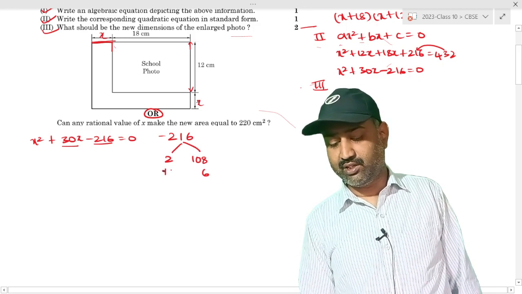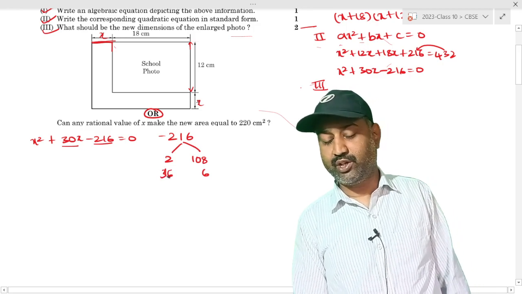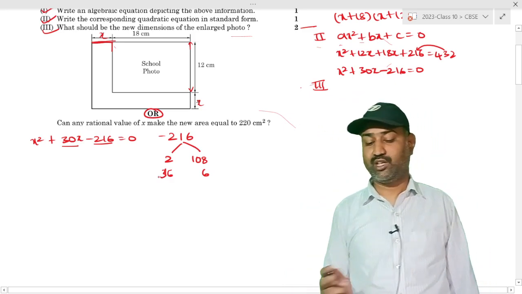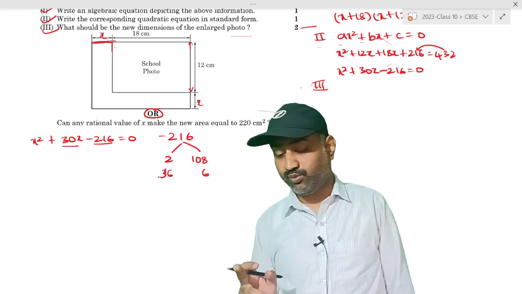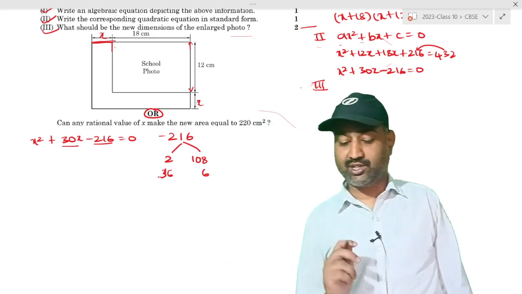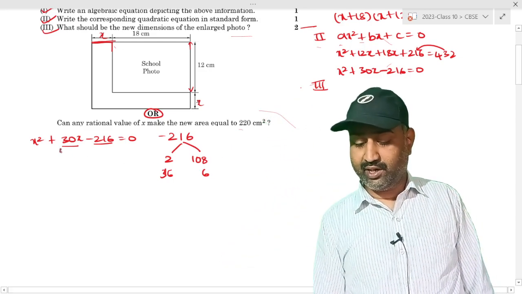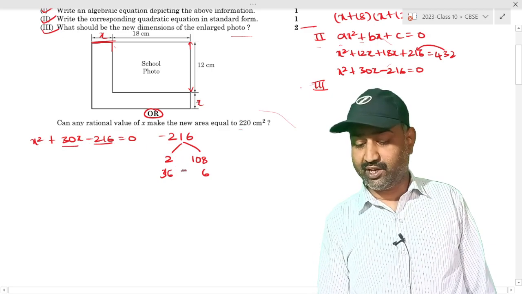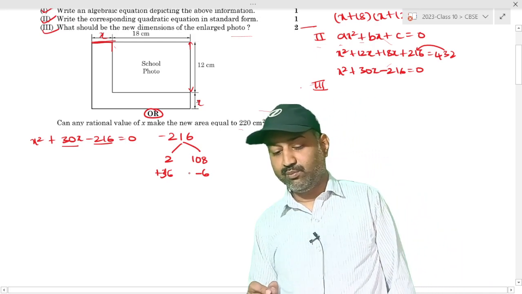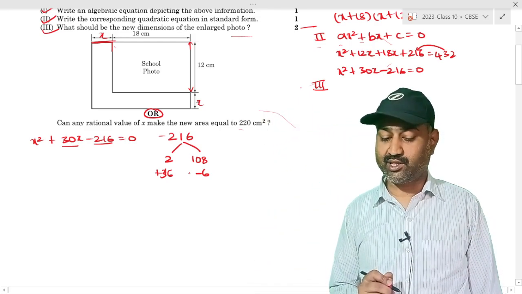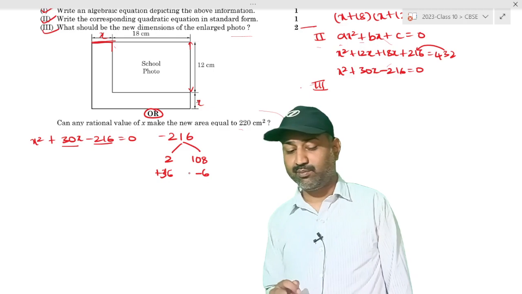Now you can see 36 minus 6 is 30, and 36 into 6 is 216. Therefore, it should be plus 30x, right? So I'll take plus 36x minus 6x, because 36 minus 6 is 30, plus 30x.